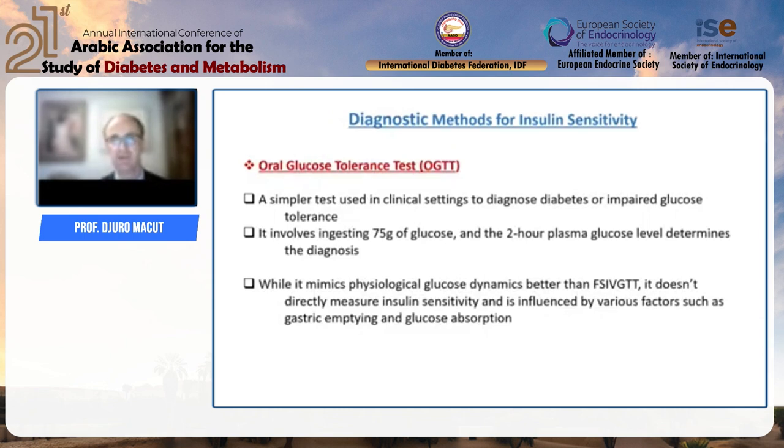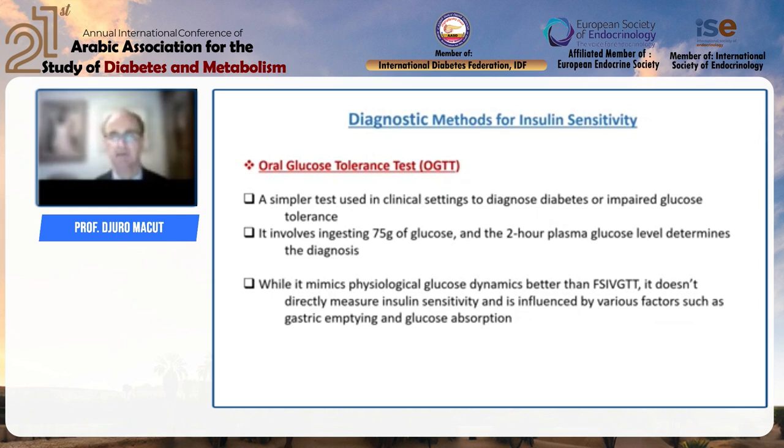But in the history of the assessment, or let's say trying to recognize what insulin resistance is, we started to use the OGTT. But this test is actually for the diagnostics of diabetes or impaired glucose tolerance, and it involves just ingestion of 75 grams of glucose and determination of the 2 hour plasma glucose level in the diagnosis.